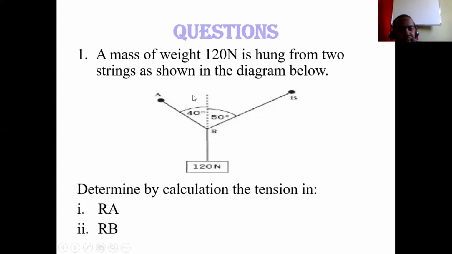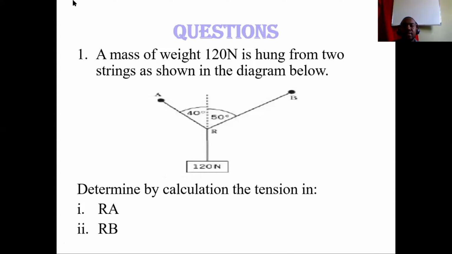With this question, we have to redraw the diagram with just the forces and angles present. The first thing to note is that the system here is in equilibrium.